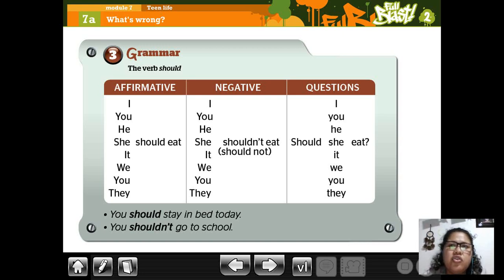Una de ellas dijo, oh, you should drink some warm tea. And the other one was like, oh, you should stay in bed. You shouldn't go out. Entonces, cuando normalmente alguien se siente mal, se siente enfermo, la gente le da recomendaciones o sugerencias de qué hacer. Oh, you have a cough? Oh, you should drink warm tea.